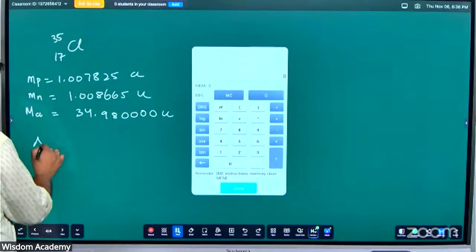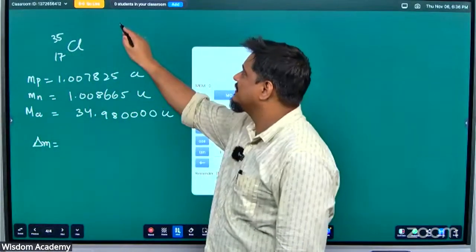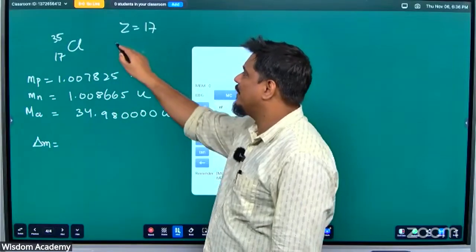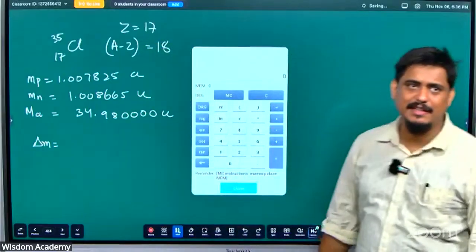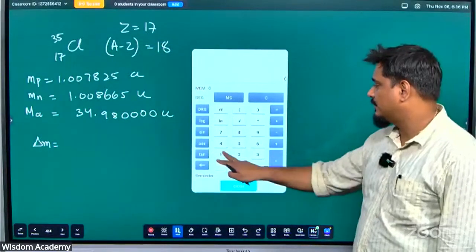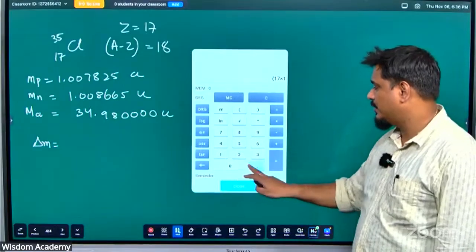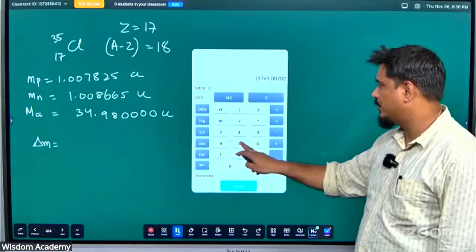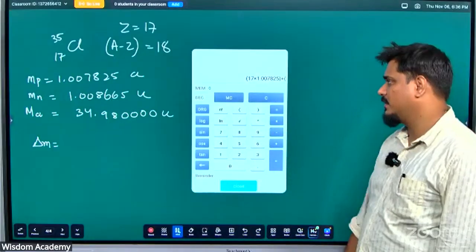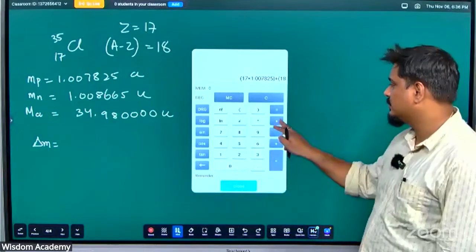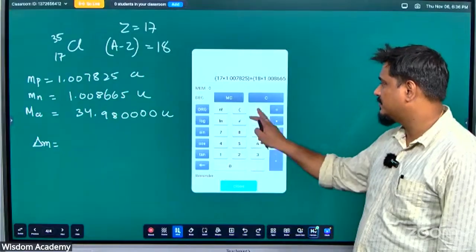So I'm finding delta M first. So once again, what is the value of Z here? 17. What is the value of A minus Z here? 18, isn't it? Protons 17, neutrons 18. So 17 times I will multiply the mass of each proton, that is 1.007825, plus I'll take 18 times mass of each neutron, which will be 1.008665.